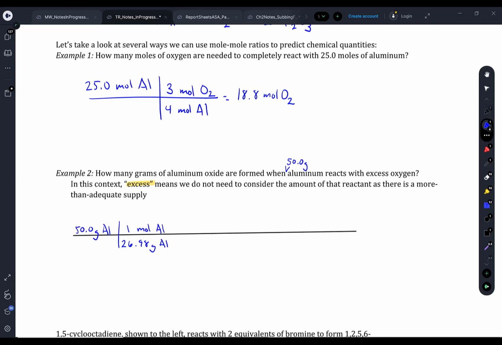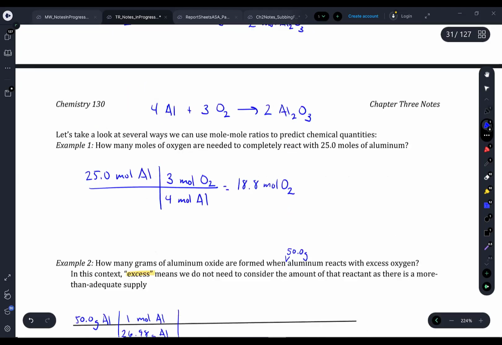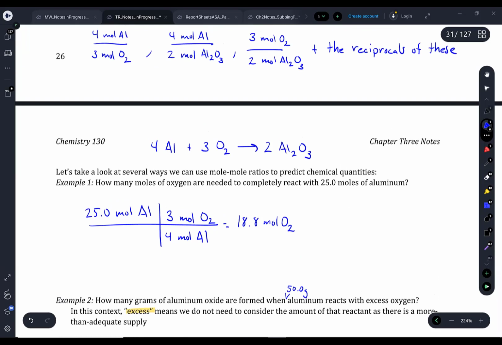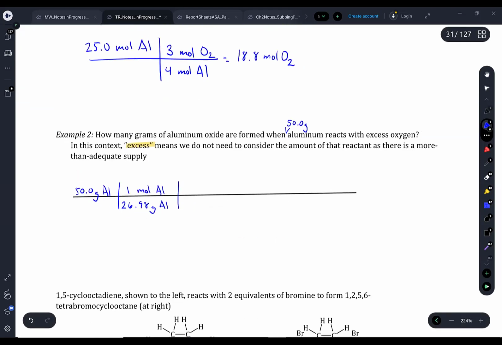We're trying to figure out how much aluminum oxide, so we're going to need the mole to mole ratio of aluminum and aluminum oxide. And we see up here it says 4 moles of aluminum make 2 moles of aluminum oxide.